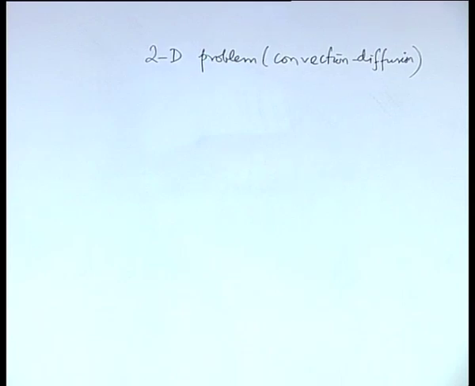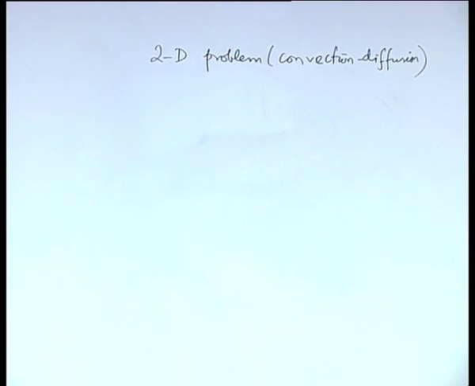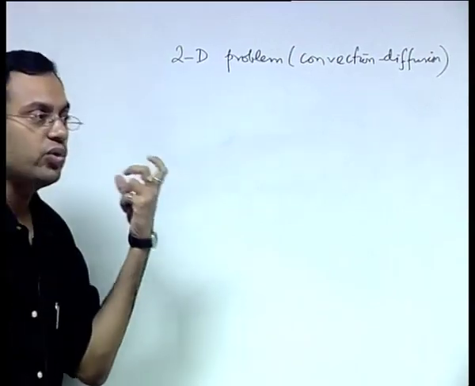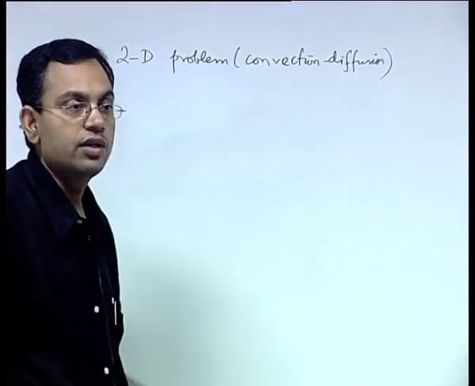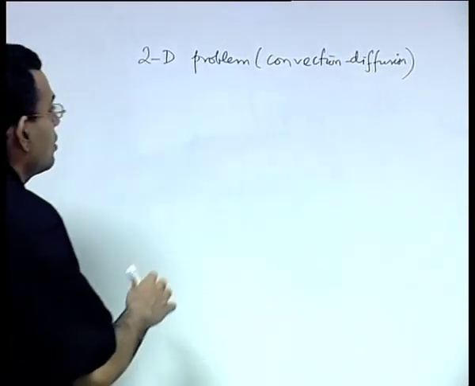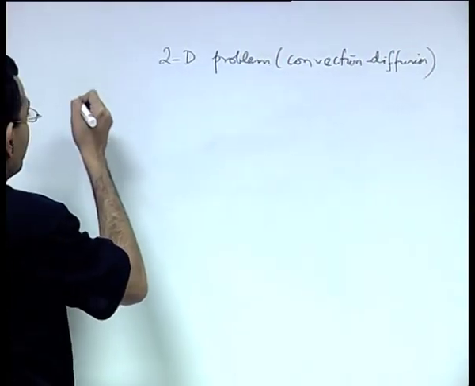To extend it to a bit more general case, let us consider that the problem can also be unsteady. So, we are interested in the discretization of a two dimensional unsteady convection diffusion problem. So, what are the equations that we have?